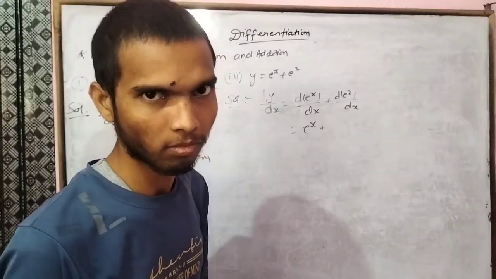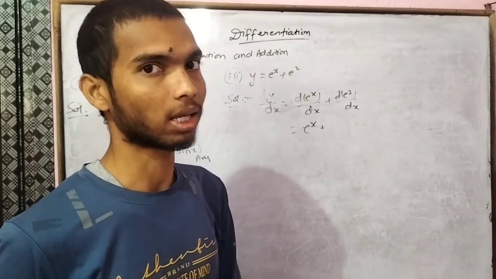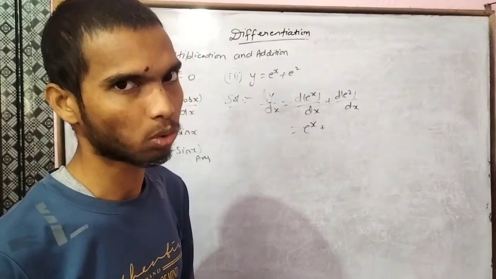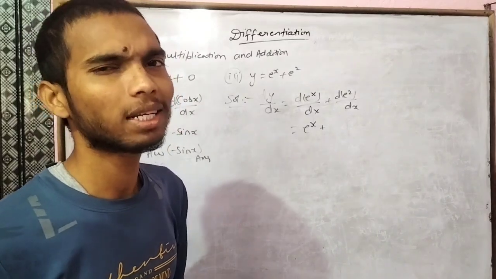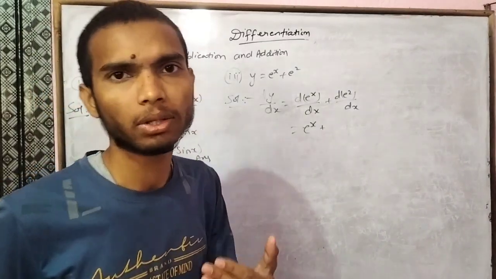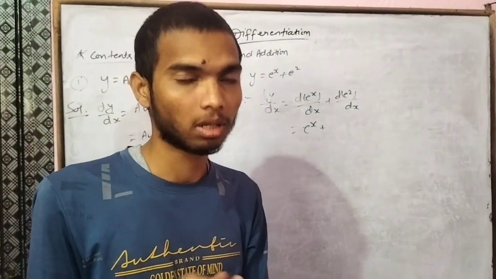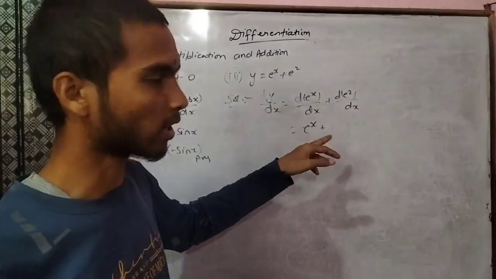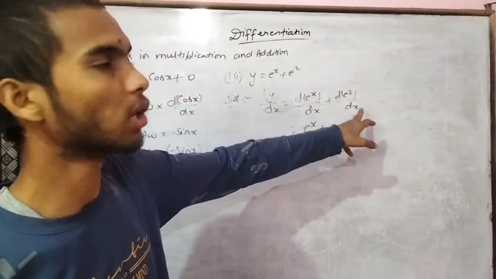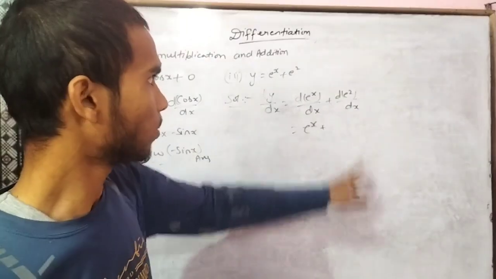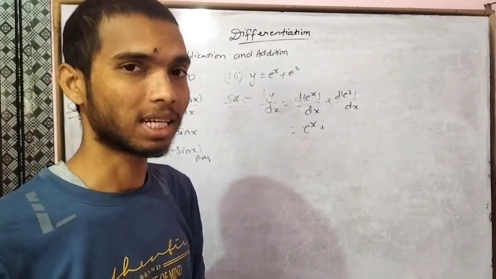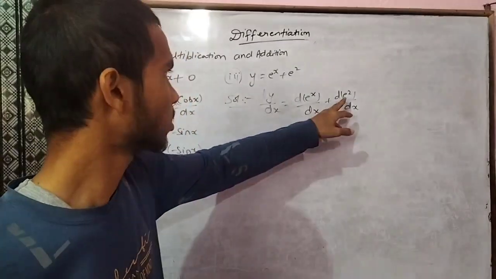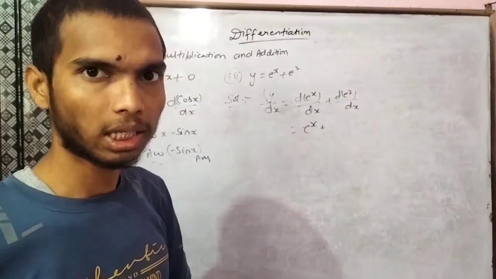But here we have a value of x which is 2. Now there is a value of a raised to the power x. But there we didn't have a given value of x, but here we have a given value of x. That's why there is a value of this a2.